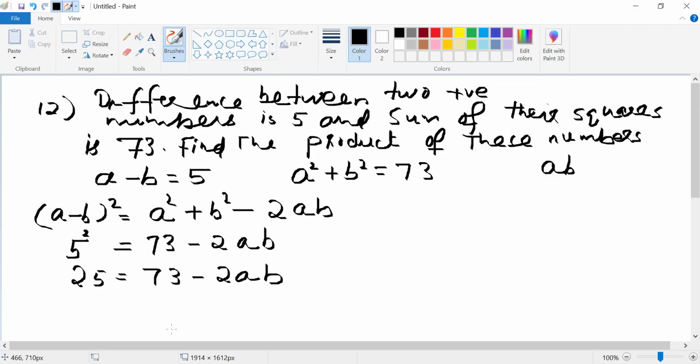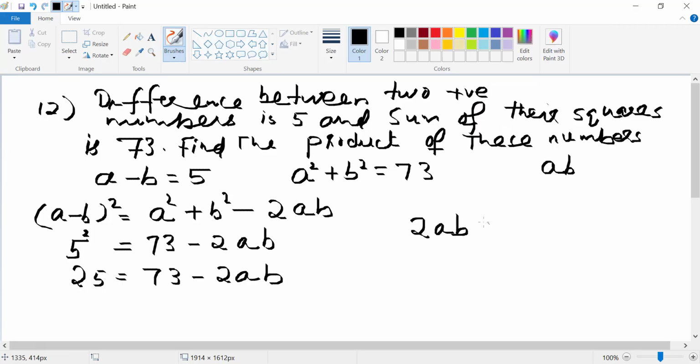Now AB we have to find, no. So that term, let us change the side and write like this. Here it is minus 2AB. We make it positive. How? That minus 2AB you bring to the LHS, and this 25 you send to the RHS. Clear? So minus 2AB when you bring to the LHS becomes positive 2AB, right?